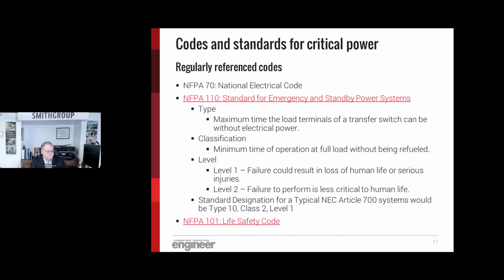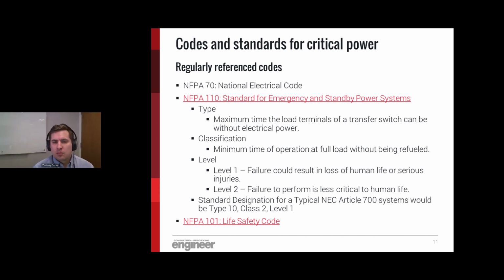All right. Thanks, Brian. I thought it'd be important to mention the three regularly referenced codes that you're going to run into for mission critical facilities in all systems that you'll design. We have NFPA 70, which is the National Electrical Code, NFPA 110, and NFPA 101. I just want to highlight a few things on each of these codes.